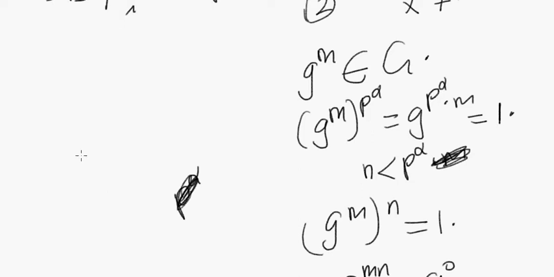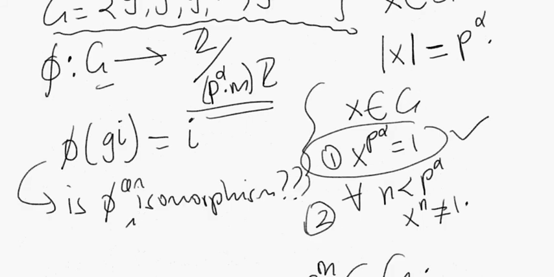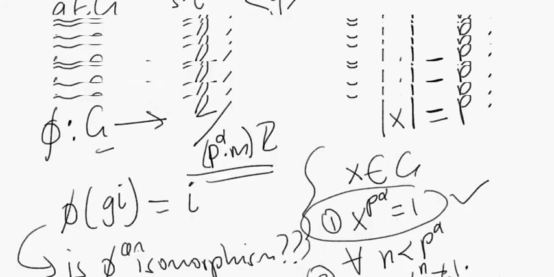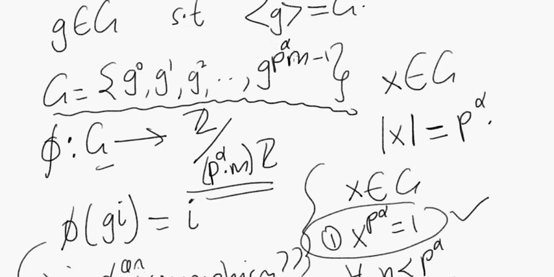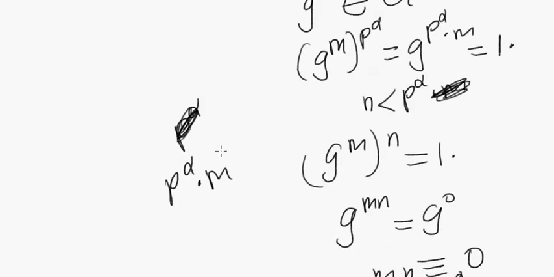By the way, we might as well assume that mn is one of the powers from 0 to p to the alpha times m minus 1. In which case, we're asking the question, look, suppose we got p to the alpha and multiplied it by m, we get a certain number, the order of the group. Now, what if we got m and multiplied it by some n less than p to the alpha?